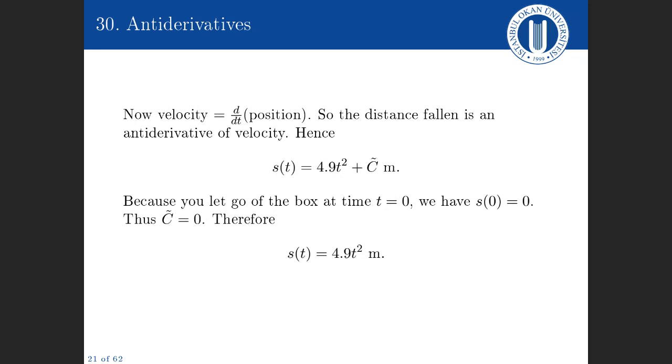The distance fallen is going to be 4.9t squared plus a constant meters. What do we know about the constant? Well, again, you let go of the box at time 0. So in 0 seconds, the box has fallen 0 meters. s of 0 must be 0, and therefore the constant must be 0. This means that the distance fallen is 4.9t squared meters.